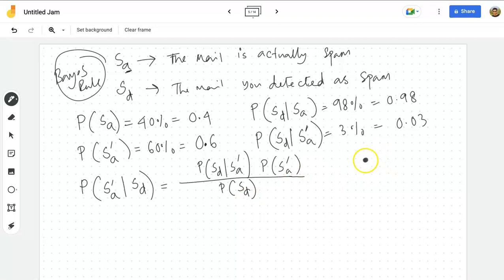So I'm just writing the Bayes formula. You already know it, but still I'm writing.